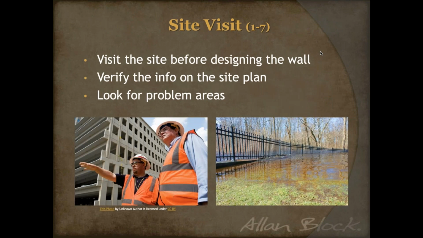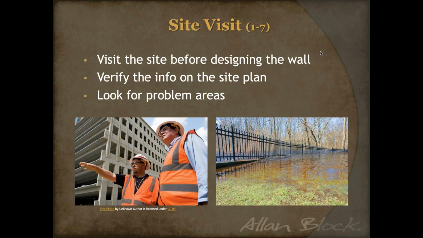Now, the next step we have in here is to plan a site visit. The reason for this is because not everything about the site is going to be shown on your site plans. You're going to use this visit as a verification for your site plans and your geotechnical report. You'll want to go out there and look at the site and see if your geotechnical report said that soils are one way, and you go there and you see that that's clearly not the case.